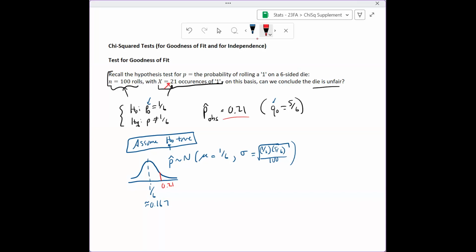If we reject for 21 occurrences, we'd reject for 22 or 23 or 24, anywhere in this right tail. But note that this is a two-tail test. So if I rejected for this much above my P naught, I'd also reject for this far below my P naught. So I'd also have a left tail that is equal in size.